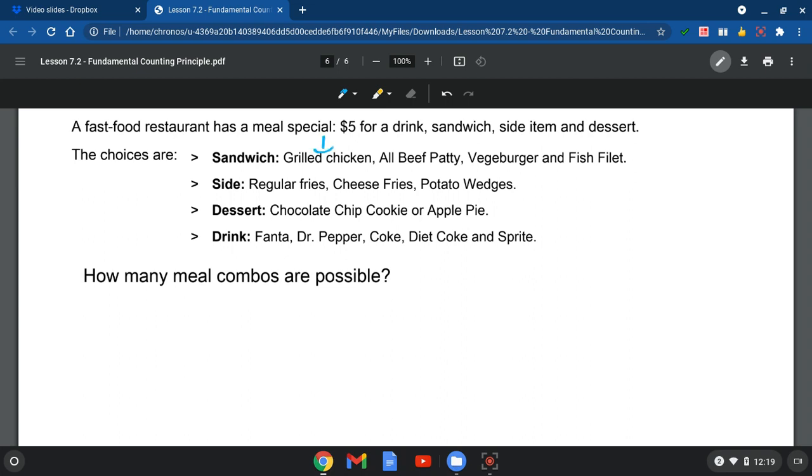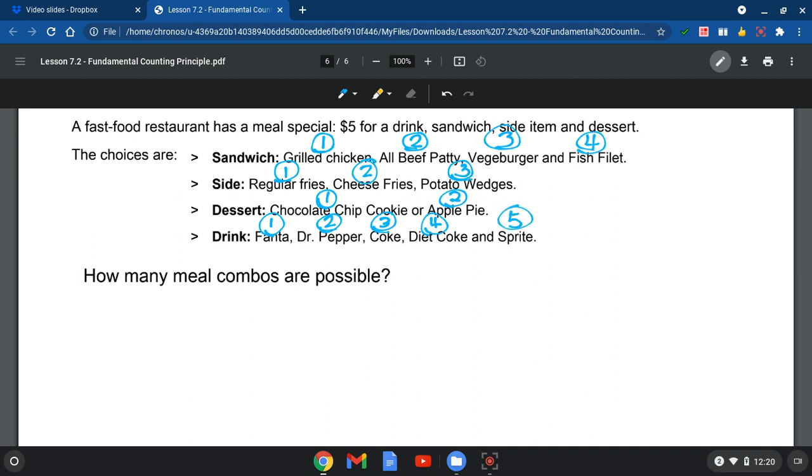For the sandwiches, there are the grilled chicken, all beef patty, veggie burger, or fish fillet. For sides, there are regular fries, cheese fries, or potato wedges. For dessert, you have a choice of chocolate chip cookie or apple pie. And for a drink, you have a choice of a Fanta, Dr Pepper, a Coke, a Diet Coke, or a Sprite.